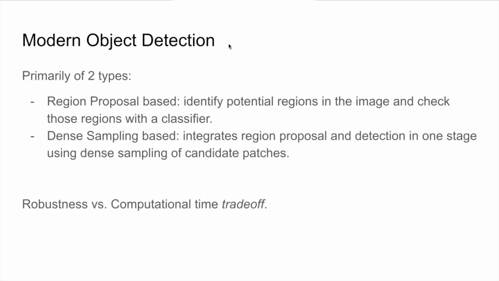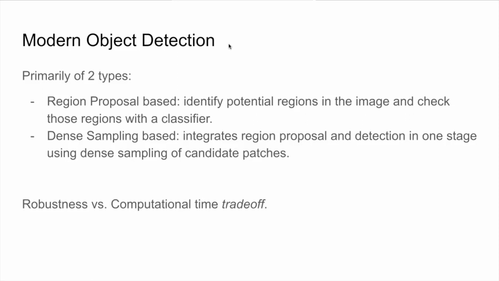It's like first preparing the image and finding where the objects are, then classifying them accordingly. That is method one, region proposal based, and the second is dense sampling based.